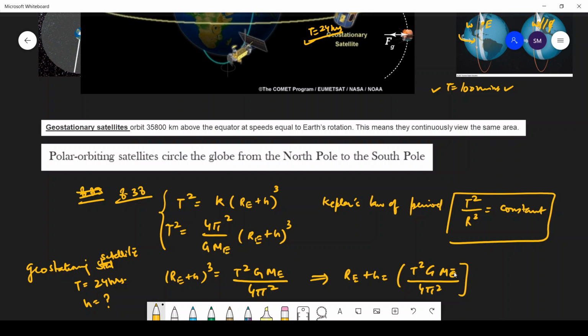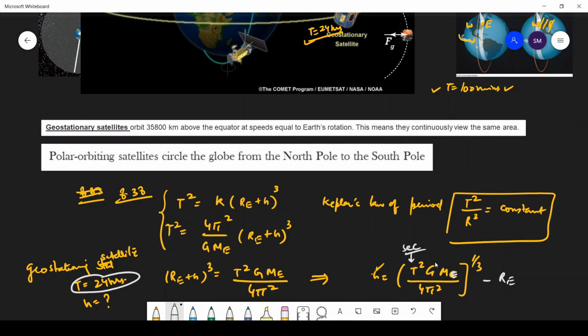GMe upon 4 pi square and the cube root of it. Now we have to find h, so take this Re, this is positive, so on that side it will be negative. Okay, so we know these variables, we know the value of T, that is 24 hours, so put it in seconds here.